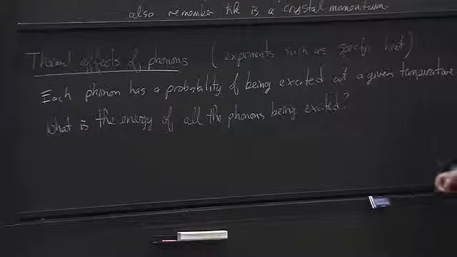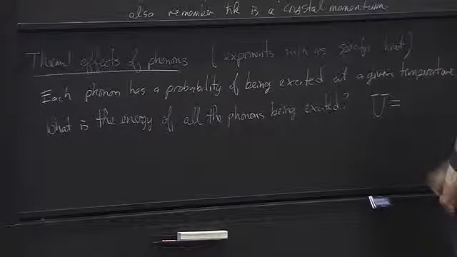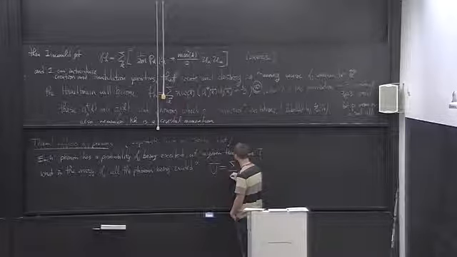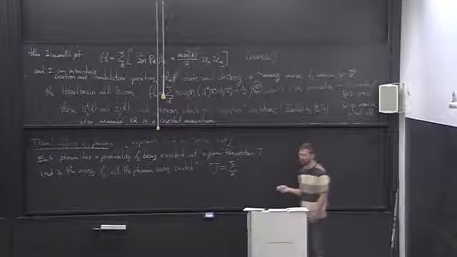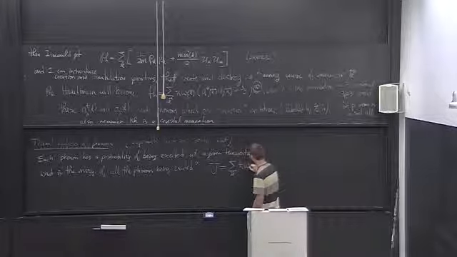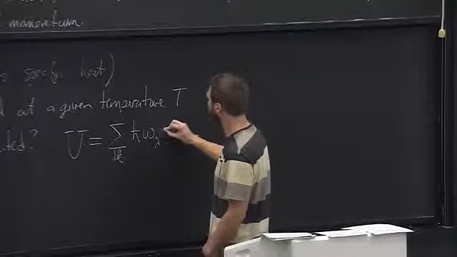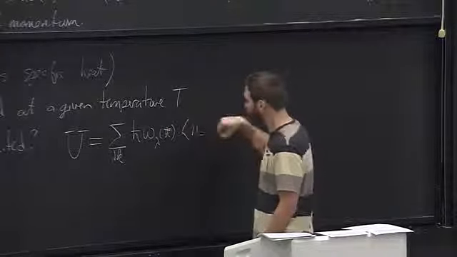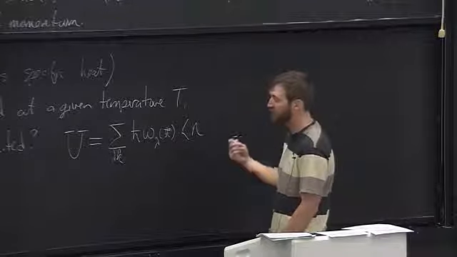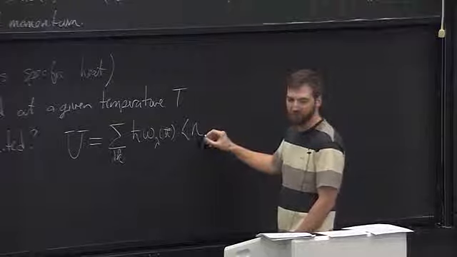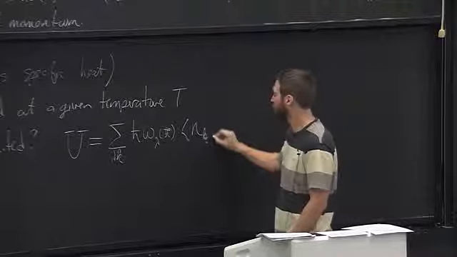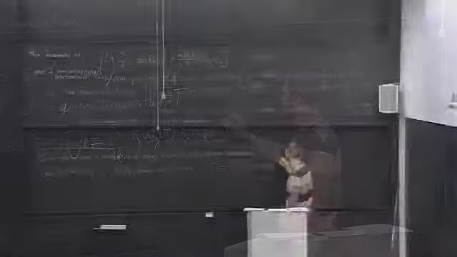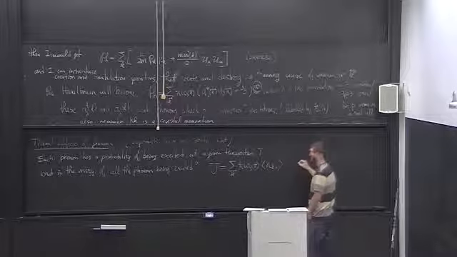So to construct this, I'll call it U. What we want to do is sum over all of the possible modes, h bar omega k, times the expectation of having n phonons in that mode. So that's just a number operator here. So I'm just taking the expectation value of H. And there's a 1/2. Forget it.